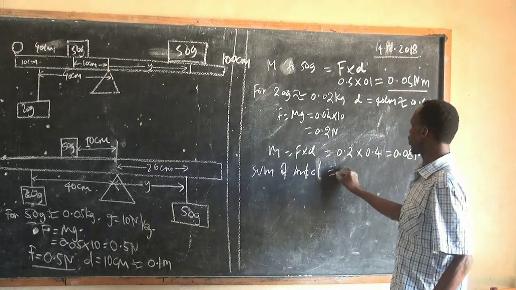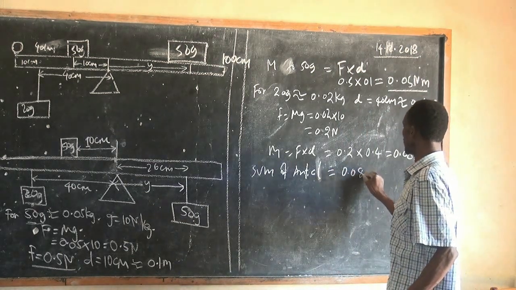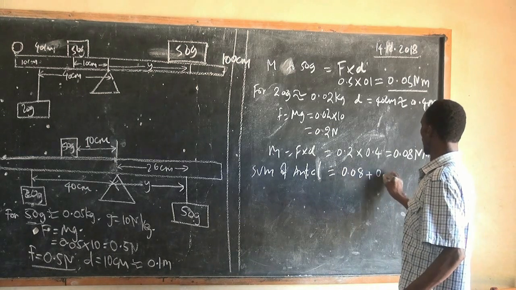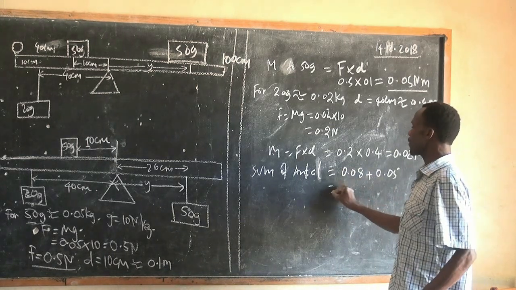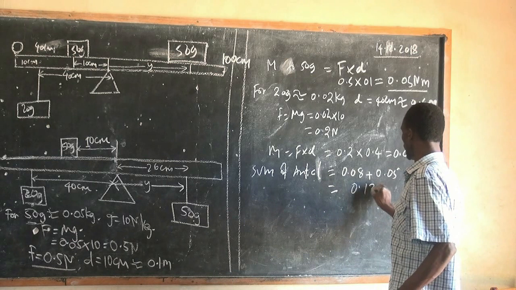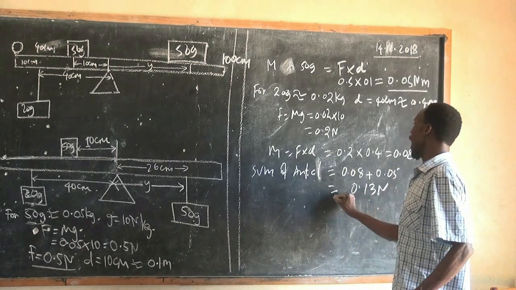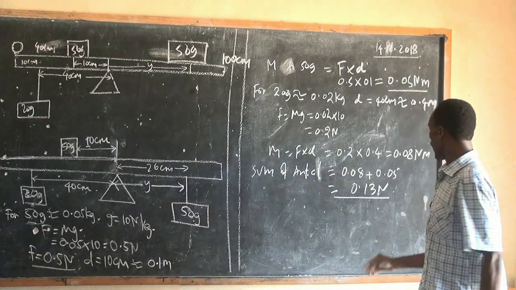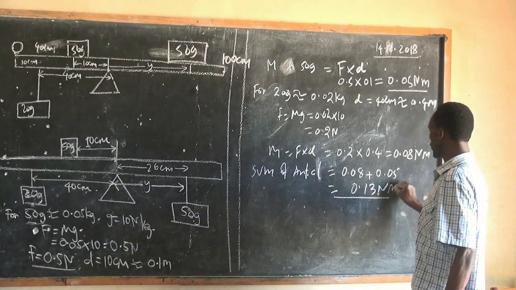Anti-clockwise moment is equal to 0.08 plus 0.05. When you sum them, you find it is 0.13. The sum of anti-clockwise moments is 0.13 Newton meter.